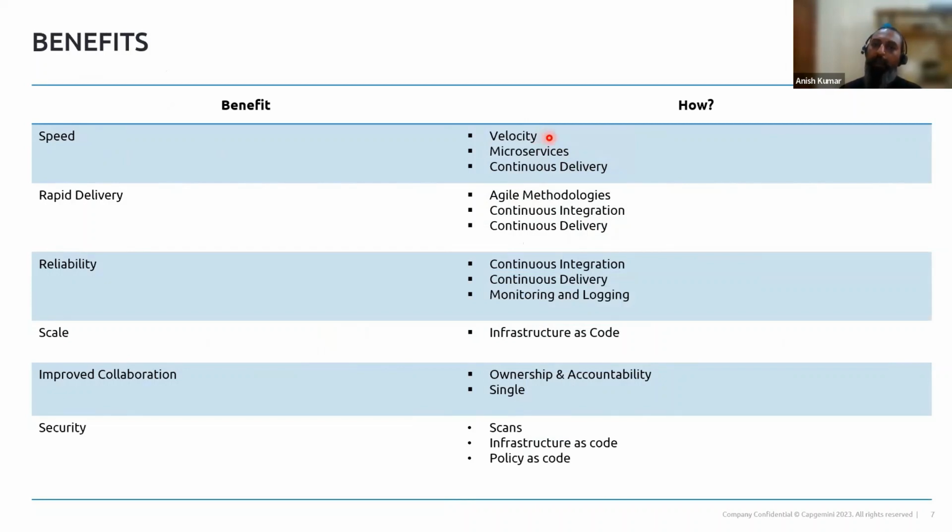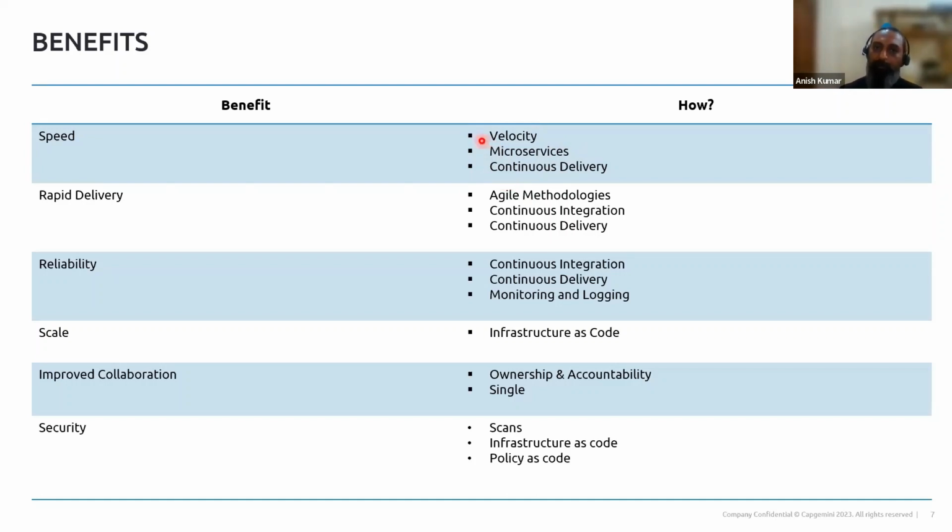Velocity is the rate at which a team is shipping out features. Microservices, we spoke about it, breaking a monolith into smaller implementations helps us achieve greater speed. Continuous delivery: even if we have the two features like velocity and microservices, but the automation of continuous delivery is not in place, we cannot provide the right benefits to the end customer.